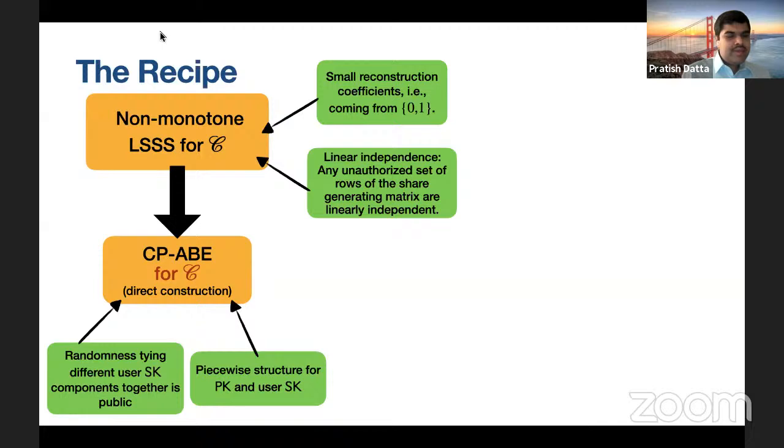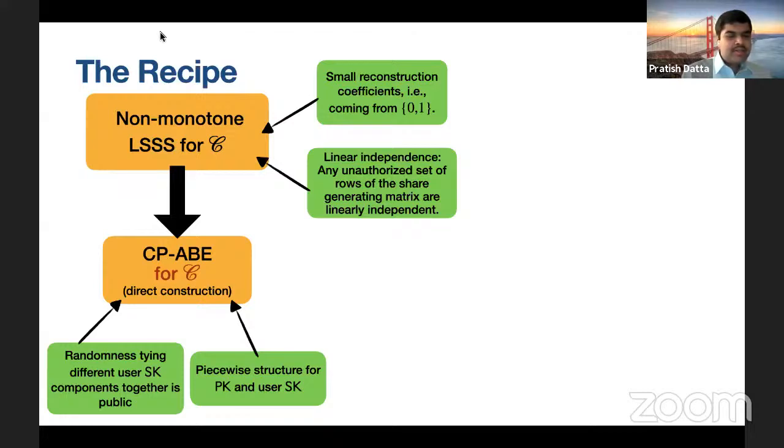Our CPABE has two very interesting properties. Firstly, the randomness that ties together the different key components. Note that in any ABE scheme, collusion resistance is obtained by tying together the different key components of a user with fresh randomness that is specific to the user. And that randomness in our case is publicly computable.